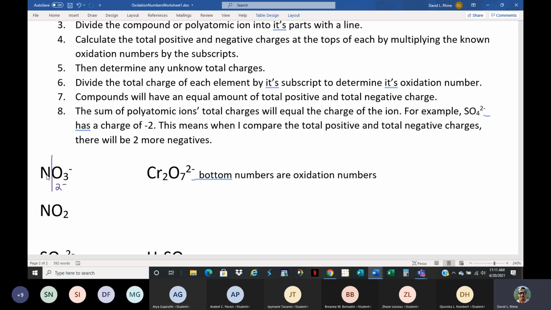The reason you need to know oxidation numbers is that when you take AP or IB chemistry, you have to do what are called oxidation and reduction reactions. The oxidation numbers tell you their state at any time during a reaction, so you have to keep up with what's going on with the electrons.